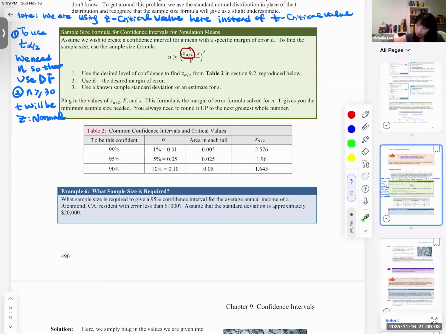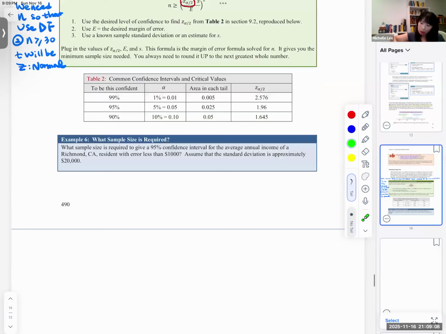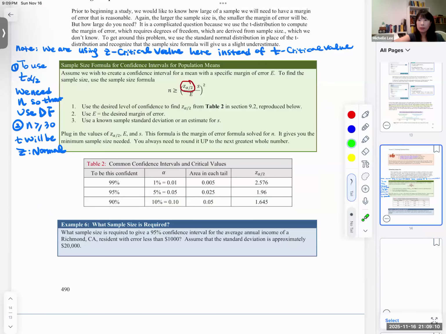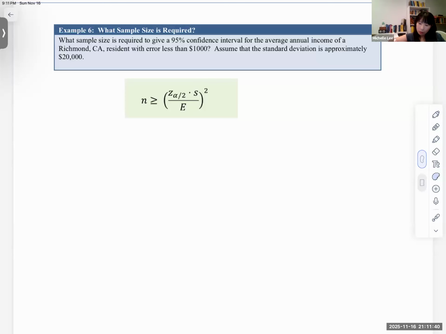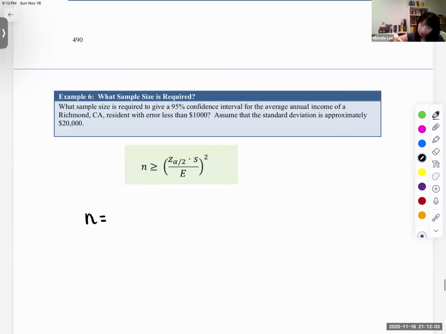Okay, now let us do this one. Let me arrange that. All right, find the sample size. So we should know what is the Z critical value when the confidence level is 95%. It's 1.96.